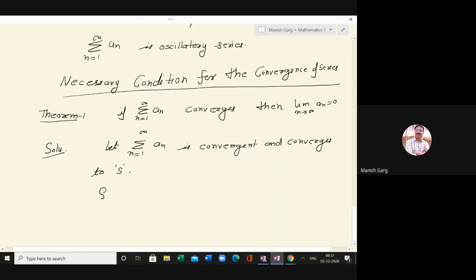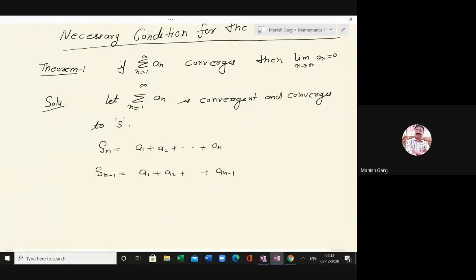So what is Sn? Sn is a1 plus a2 plus up to an. You can write Sn minus 1 as a1 plus a2 plus up to an minus 1. So subtract: Sn minus Sn minus 1.